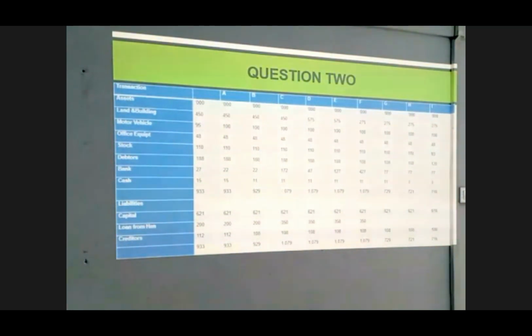So let's look for the corresponding effect. Now, any change here, cash? No. Then here, capital, any change? Loan, any change? Yes. What has happened?